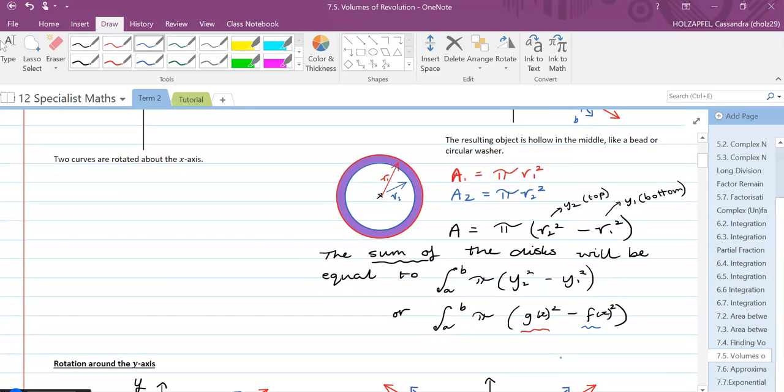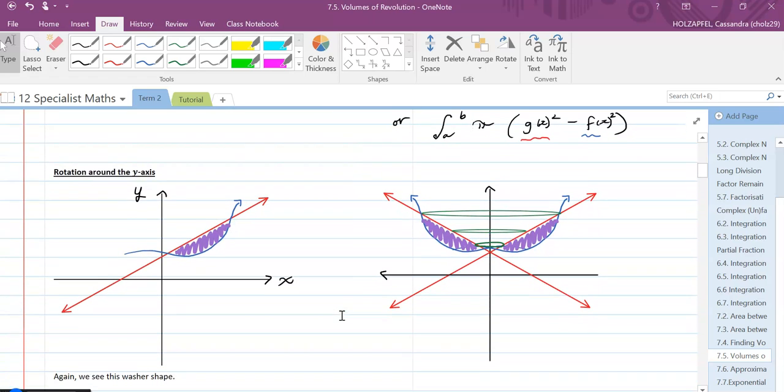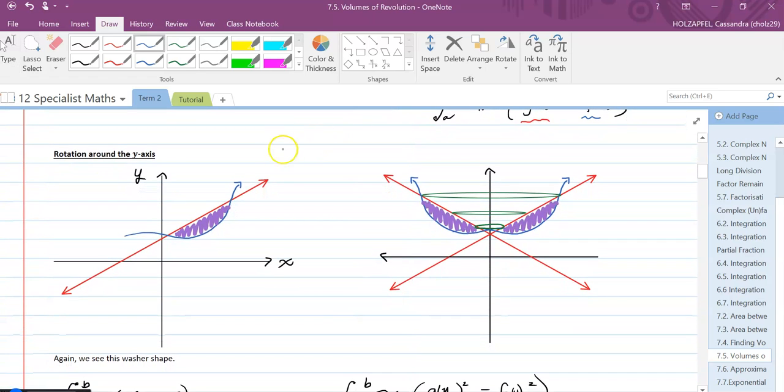So then what if we were to rotate around the y-axis? Well, I'm sure you can appreciate this is going to be a pretty similar method, because when we rotate these two functions around, this area is again going to form this 3D washer shape, or this bead shape, where we have this hole that's running through the middle.